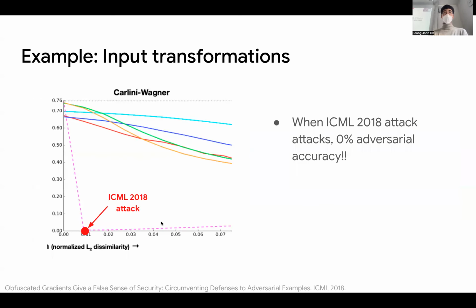So given this figure from the original defense paper, it turns out that after this ICML 2018 attack, which applies all these techniques that I mentioned before, the accuracy still goes all the way down to 0%. So the defense is not working.